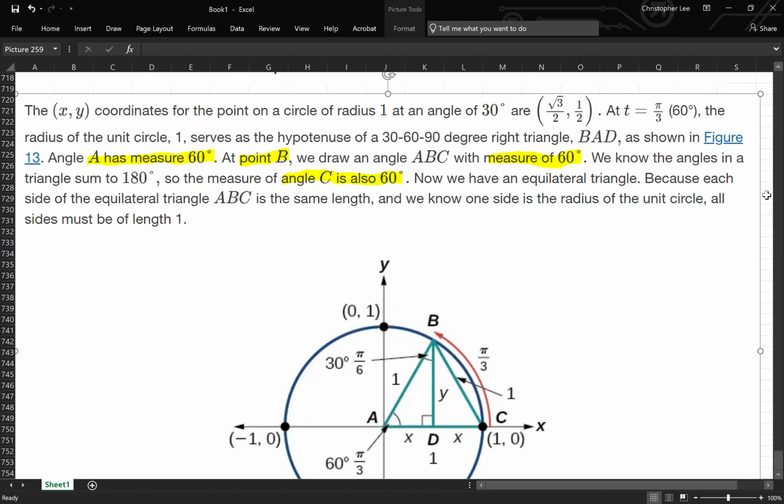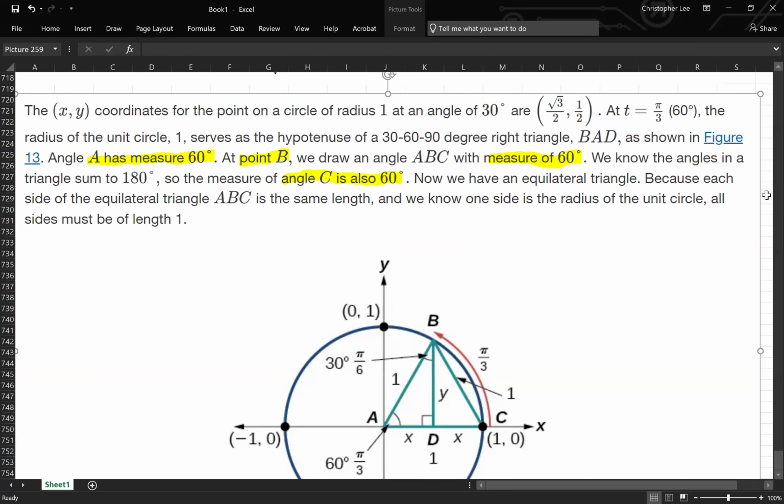Angle A has a measure of 60 degrees. At B, we draw the angle ABC and measure ABC. And last, we know the angles in a triangle sum up to 180, so the measure of angle C is also 60 degrees.